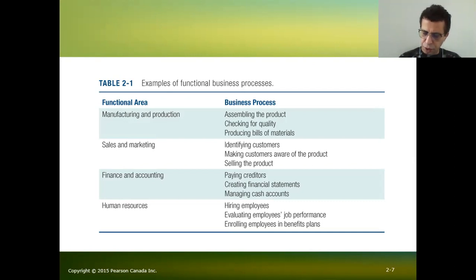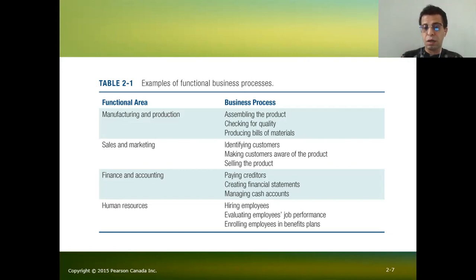That's one of the business processes. And probably if you took supply chain management, a part of this, you will learn about how you do assembling. The other thing you probably need to look at is checking the quality of the work.